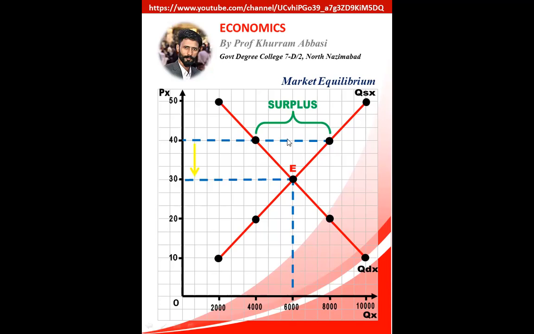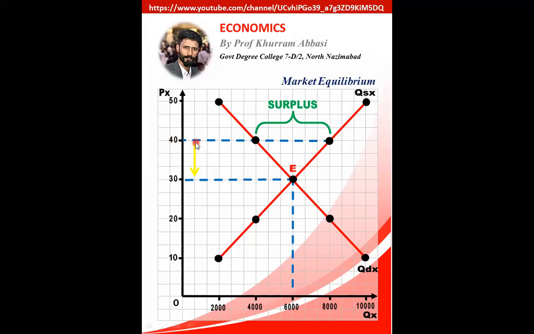When there is a surplus of 4,000 units in the market, producer has to sell these 4,000 units, that is called surplus. For that reason, producer will decrease the price from 40 to 30.